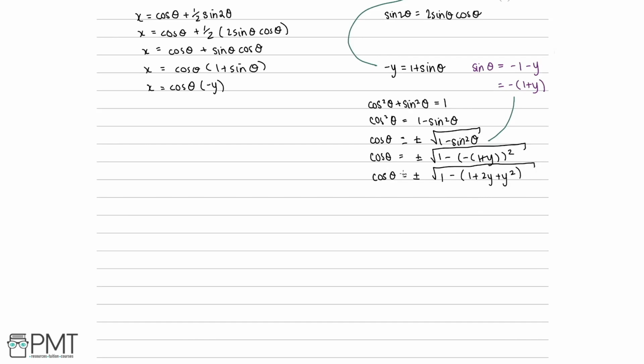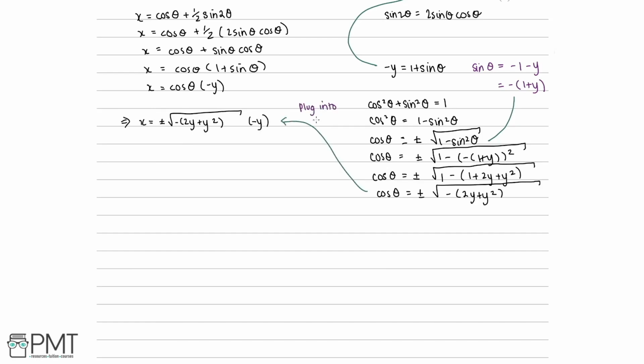We can simplify this once more to give you cos theta is equal to plus or minus root of, well, 1 minus 1 would be equal to 0, so it will just be 2y plus y squared multiplied by minus 1. It would be minus 2y plus y squared. Now we can plug this expression in terms of y for cos theta into our original to give you x is equal to plus or minus root minus 2y plus y squared times by minus y.